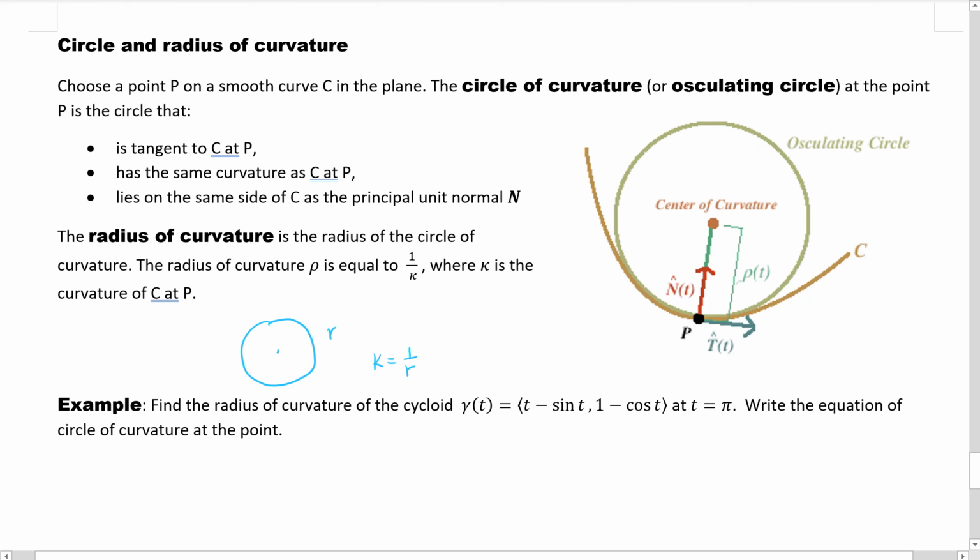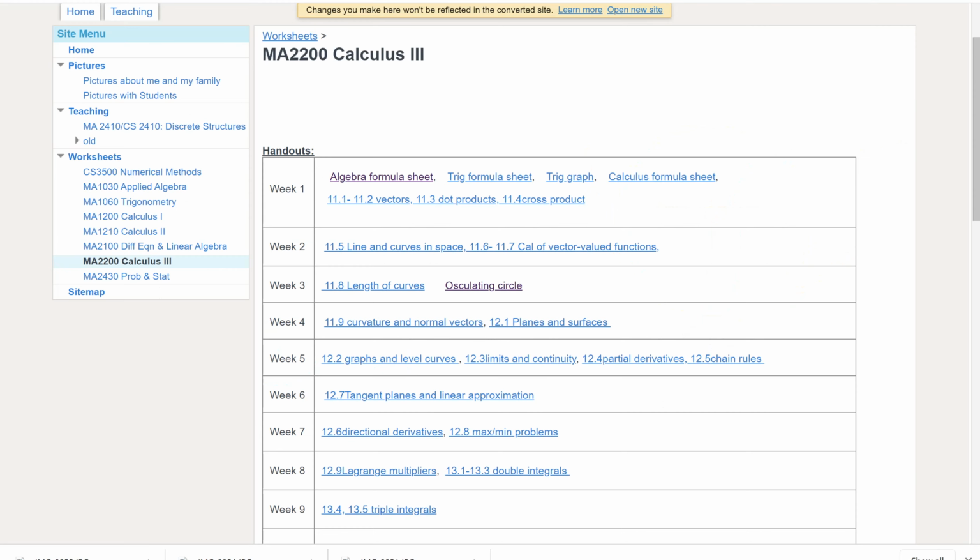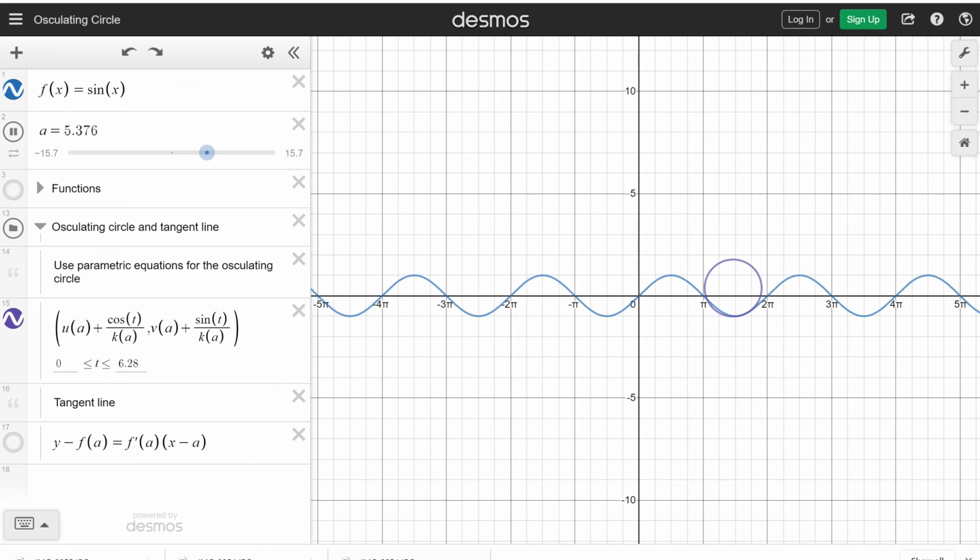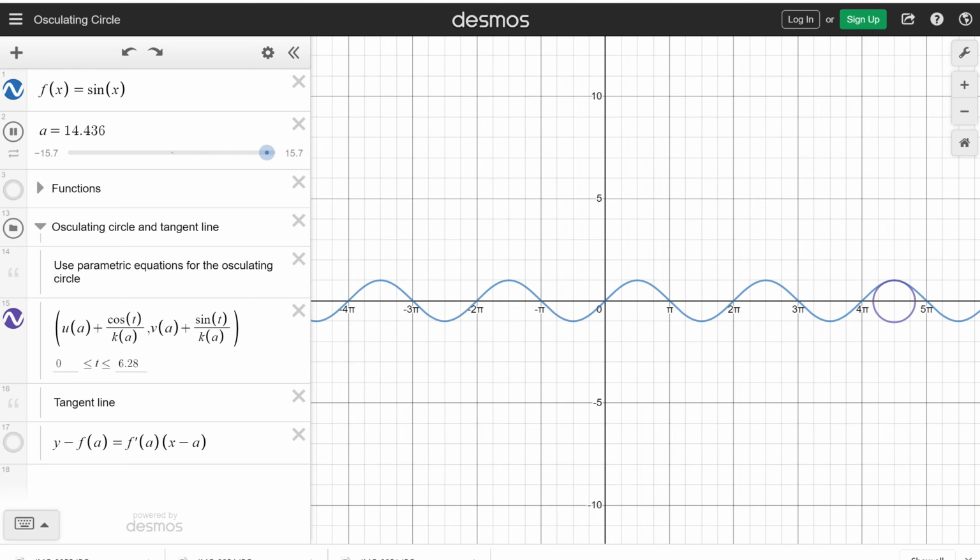And let me show you more pictures. If you go to our course website, you see this section, the osculating circle. Click that link, and then you see this website. You can see at each point, it shows us an osculating circle, and it's always on the same side as the curve, pointing to the principal unit normal vector.